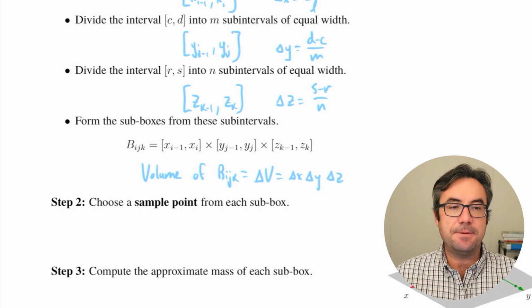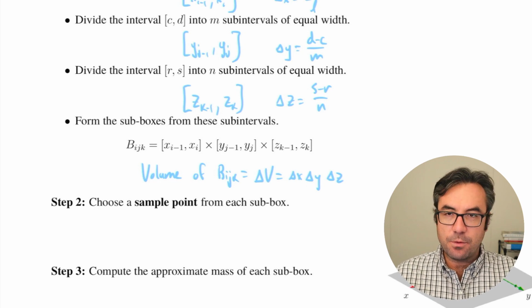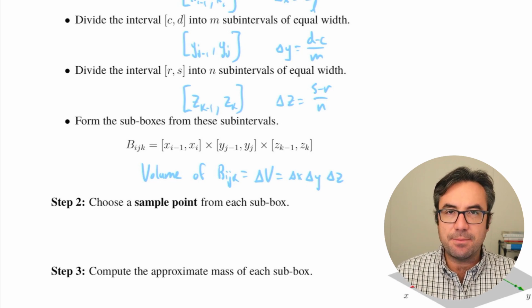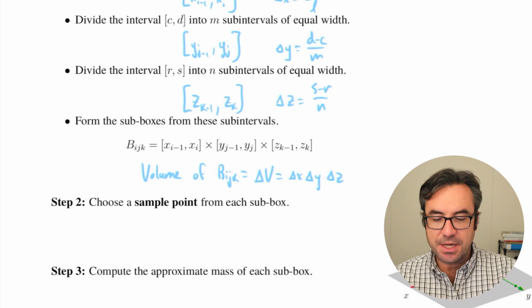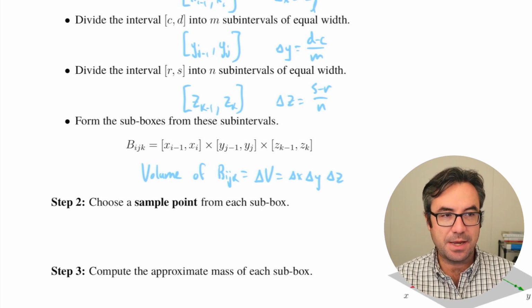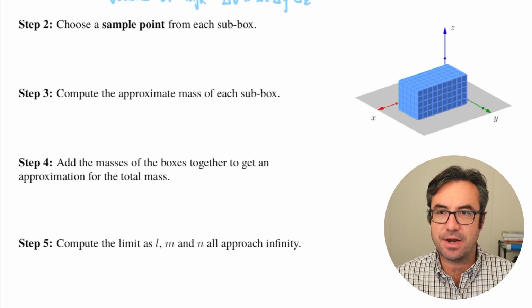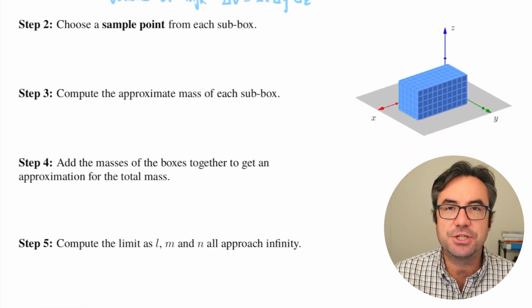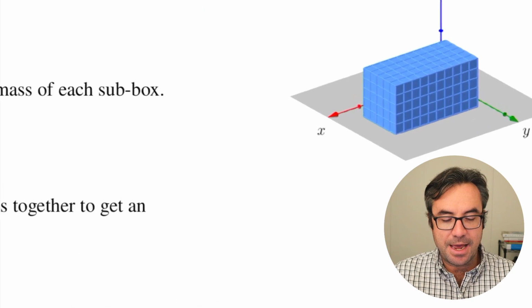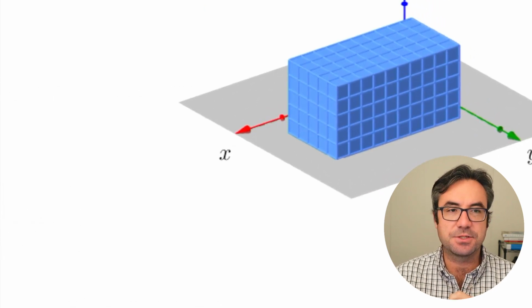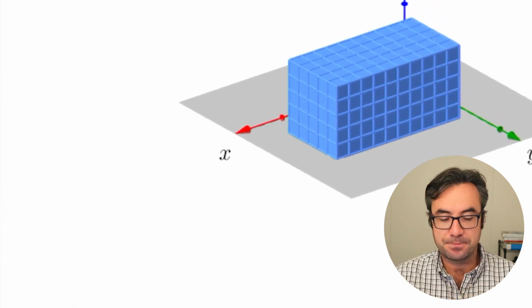And then the idea is, now that we know the volume for each of our little subboxes, for each subbox we're going to pick a little point. So here's our diagram again. Here's our little region all sliced up. And for each of these little boxes, we're going to pick a sample point.